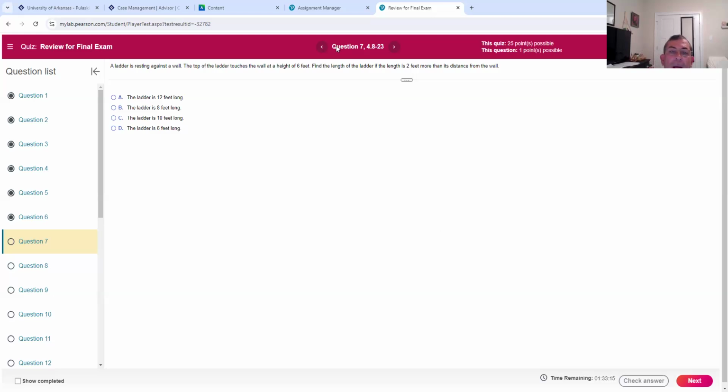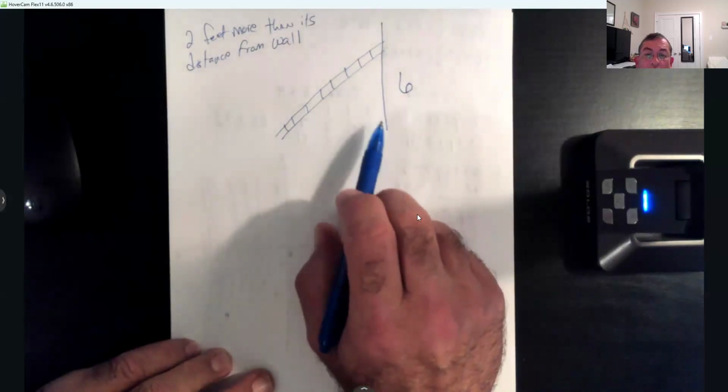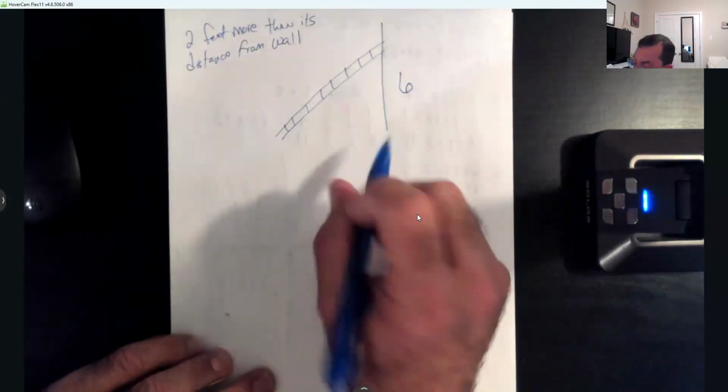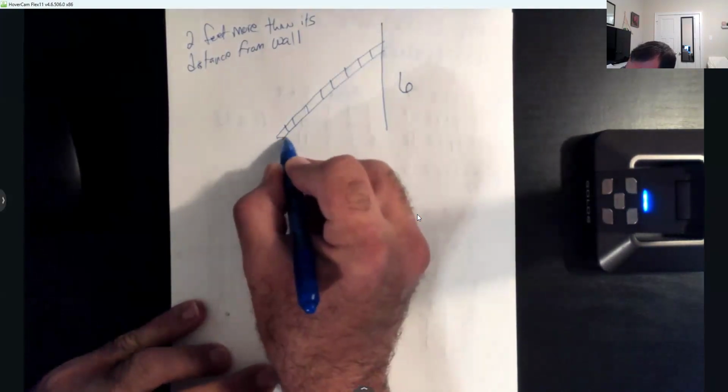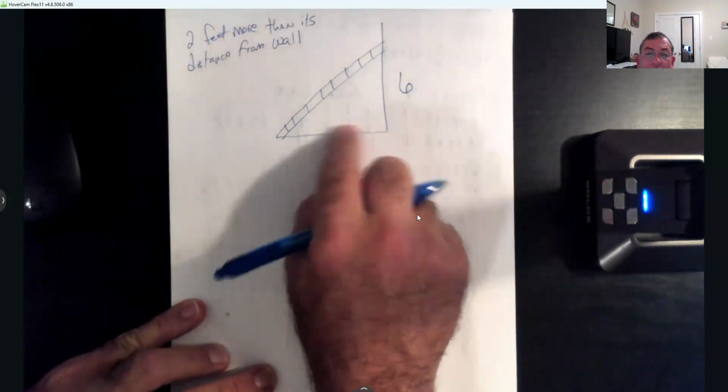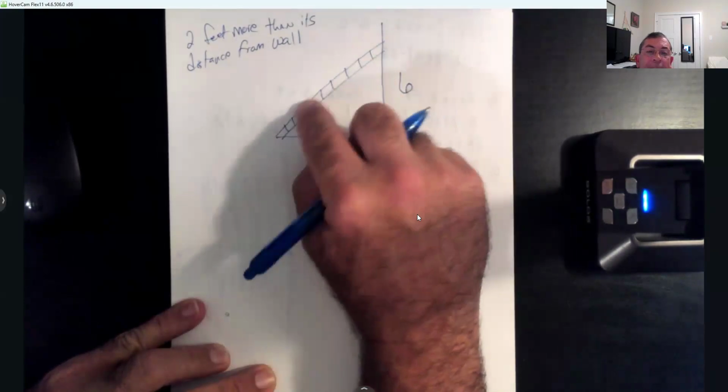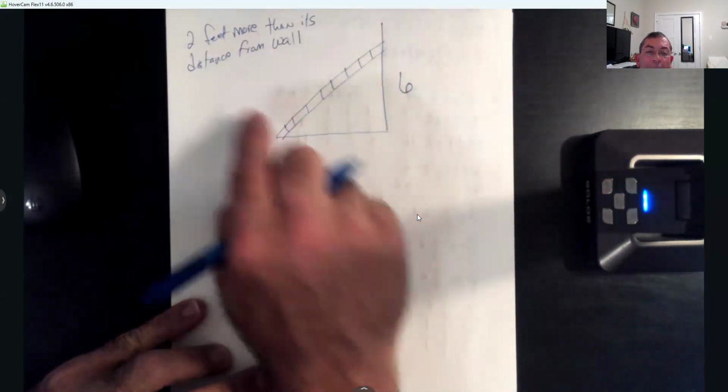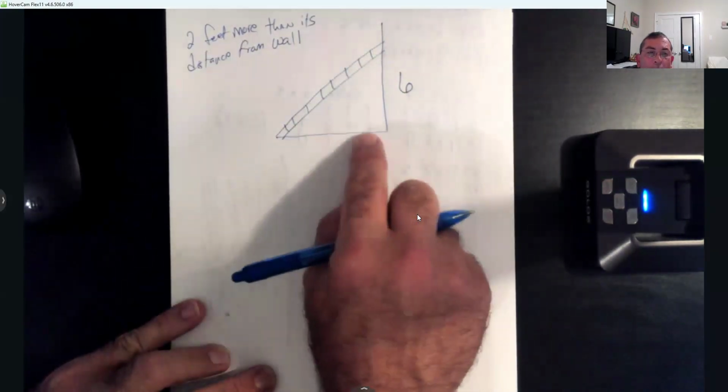All right, y'all, so I'm gonna work this one by hand. So here's my ladder resting up against the wall at a height of 6 feet. Now, they want you to realize this makes a triangle. And this ladder is 2 feet more than its distance here from the wall.